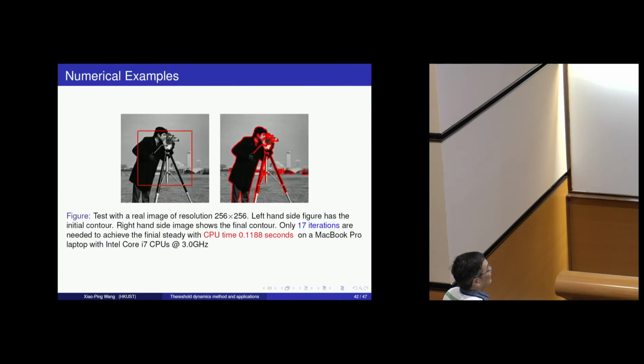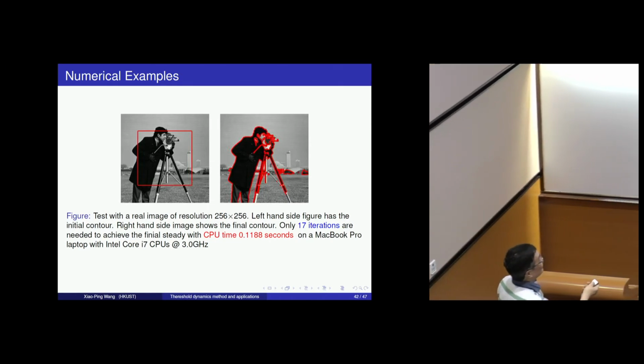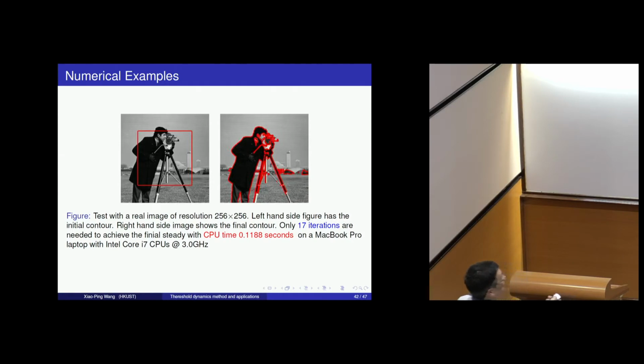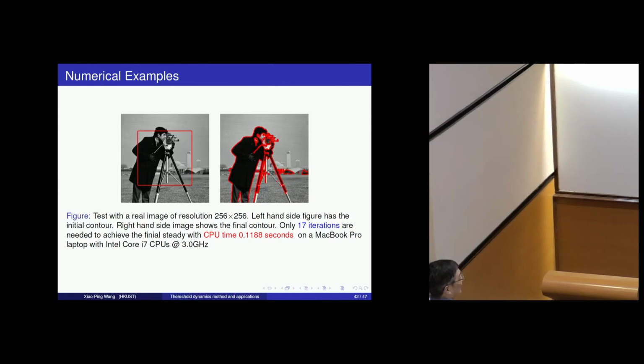So here is an example, where you start with some initial contour, an initial curve. It quickly evolves into the boundary of the object. And for this 256 by 256 problem, on a laptop, it takes 0.1 second. So it's a real-time simulation.